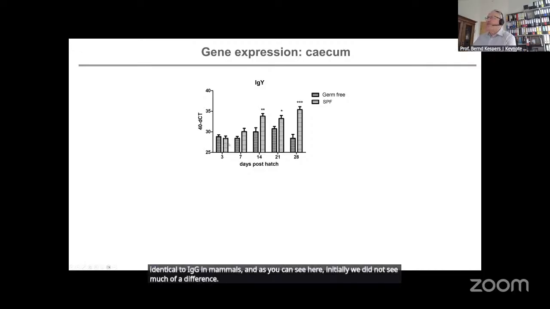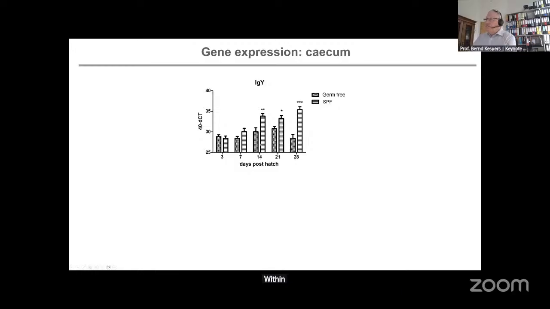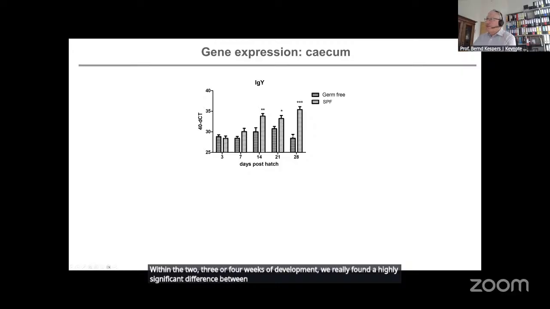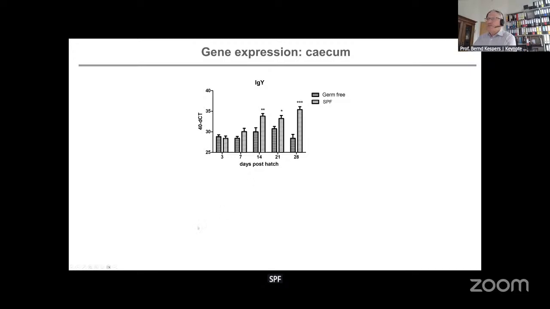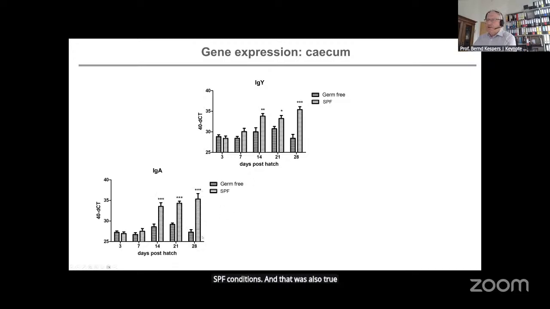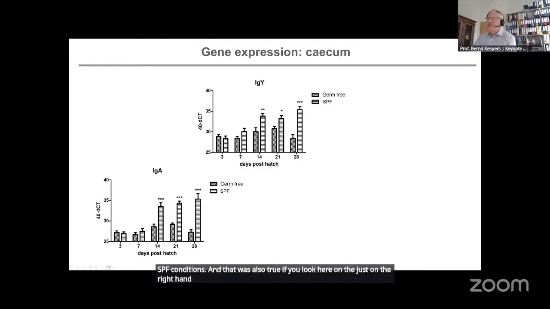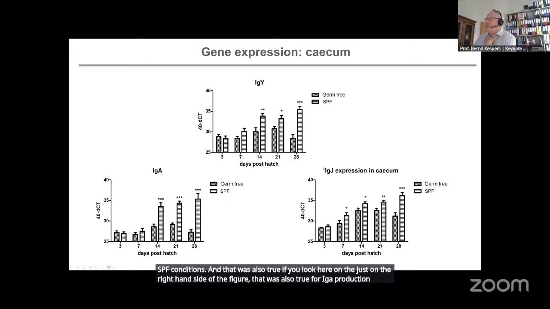There isn't much of B cells in the gut, but within the 2, 3, or 4 weeks of development, we really found a highly significant difference between birds raised under germ-free conditions in comparison to birds raised under SPF conditions. And that was also true if you look here on just the right-hand side of the figure. That was also true for IgA production and likewise for the J chain expressed in the cecum.